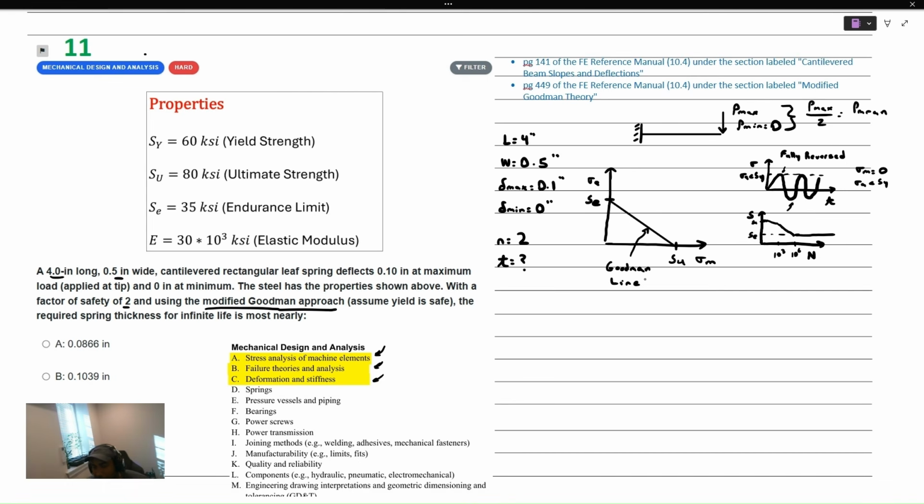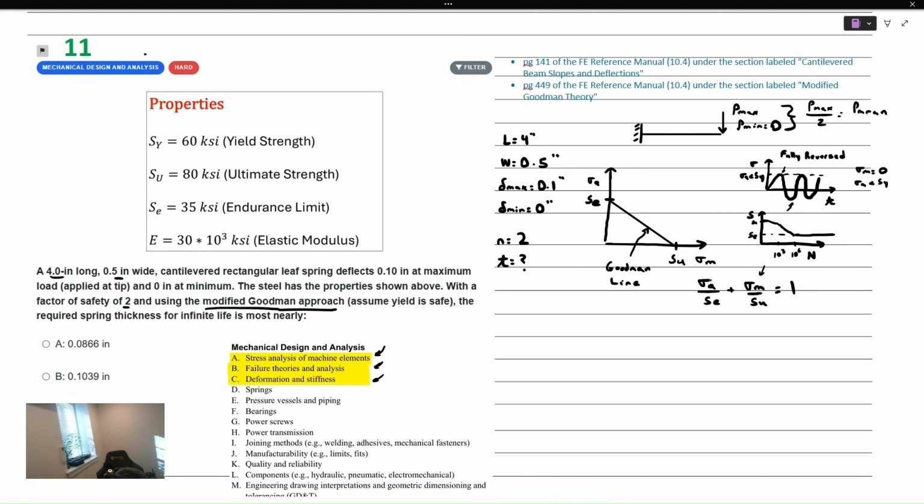Right, and this is just the equation of a line, so we can easily write it: the alternating stress over the endurance limit plus the mean stress over the ultimate strength equals 1. Goodman connected these 2 points to form a line here, and that's his failure criteria. Now, this makes sense, right? If you have a zero valued mean stress, this term would disappear.